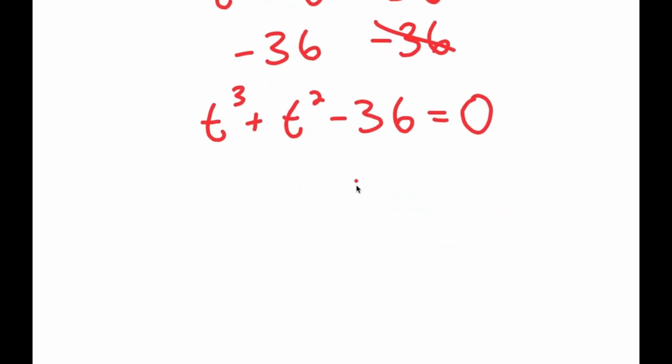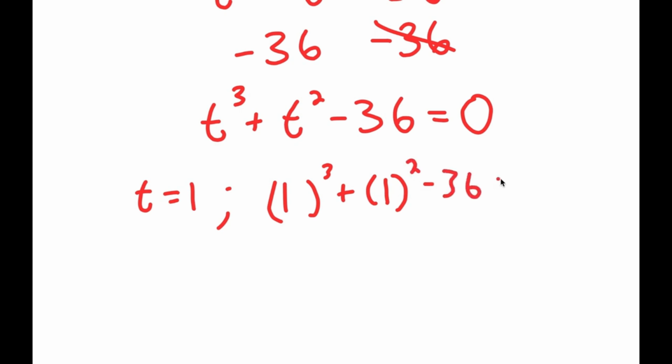Now to solve an equation like this, what we have to do is first find one solution and use that solution to find the remaining solutions. And to find that one solution, we actually have to plug in numbers and see if they work. So I'll first start with t equal to 1. If t equals 1, I get 1 to the power of 3 plus 1 squared minus 36, which does not equal 0.